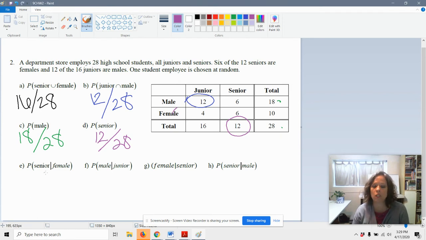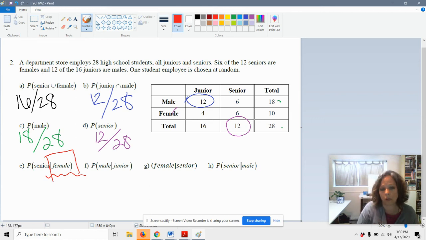All right, part E is where we start with conditionals. On part E, we're looking at a condition of being female. After the line, we have some kind of stated condition. So our condition is that we're only looking at females, okay?